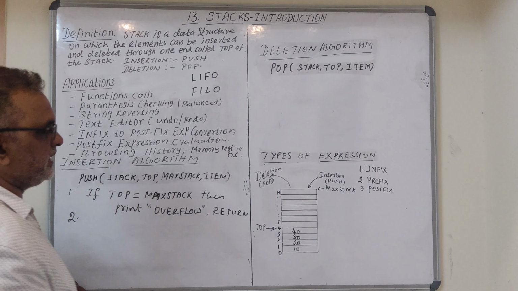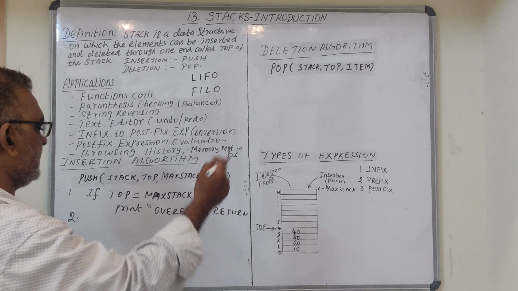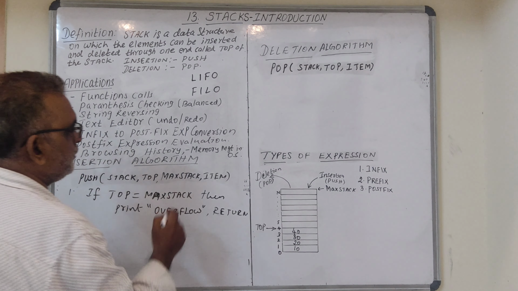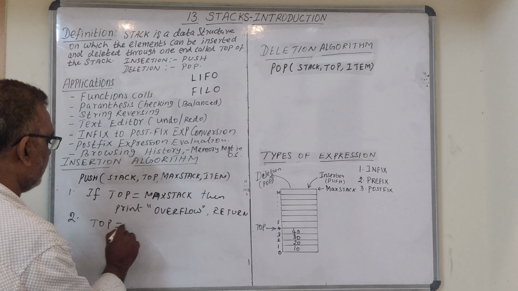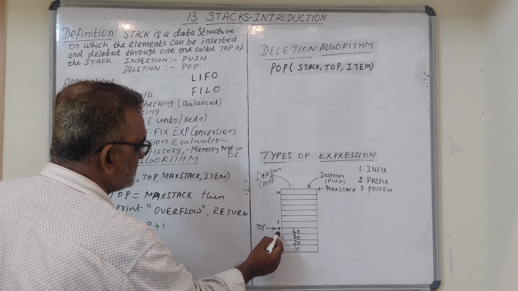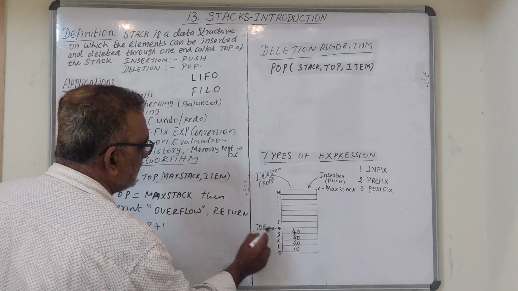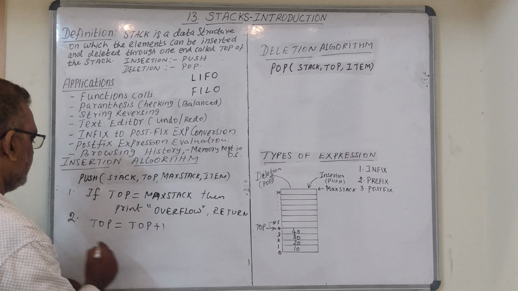Then the second step: if space is available in the stack, we can store the item. First of all, we increment the value of top to the next position. For example, if it is 4 and we increment it, the top value becomes 5.